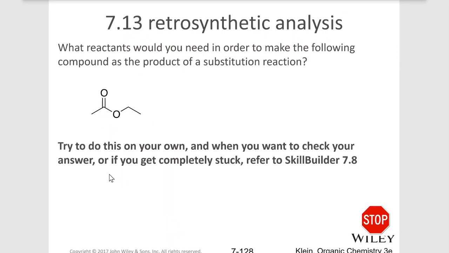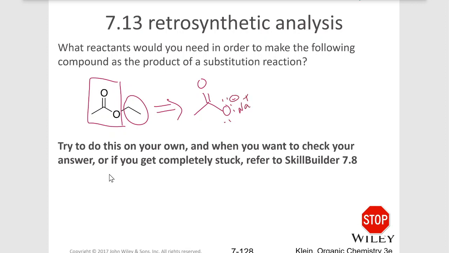So how would we make something like this? Using the knowledge that we know, there are actually a couple of different ways to do this, but we've got this ethyl acetate. That's what this is, and this is called an acetate species here. This is an ethyl group over here. So looking at this retrosynthetically, we know that acetate is one of our nucleophiles.